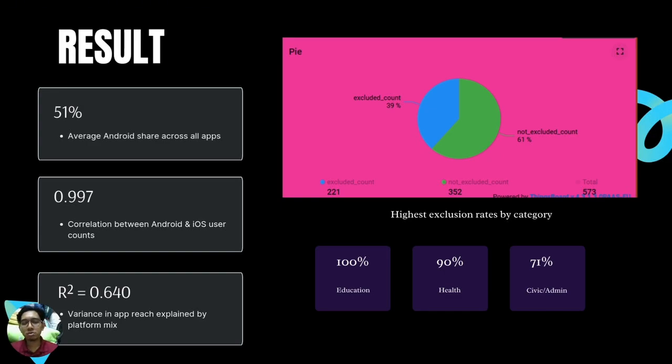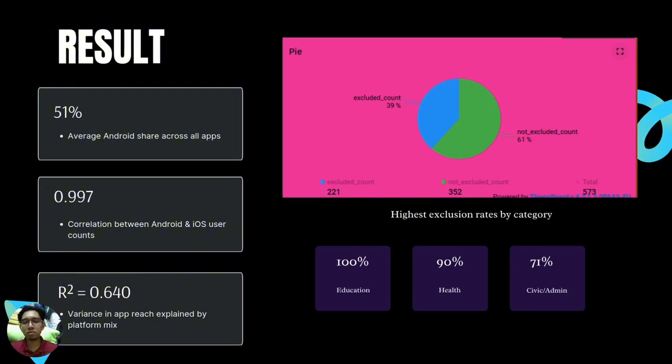Our regression model shows platform shares explain 64% of the variance in app reach, with Android share being the strongest and most significant predictor. Breaking this down by category, health apps have a 100% exclusion rate, education sits at 90% and civil admin sits at 71%, meaning the categories with the most essential public services are also the ones most likely to leave users behind.